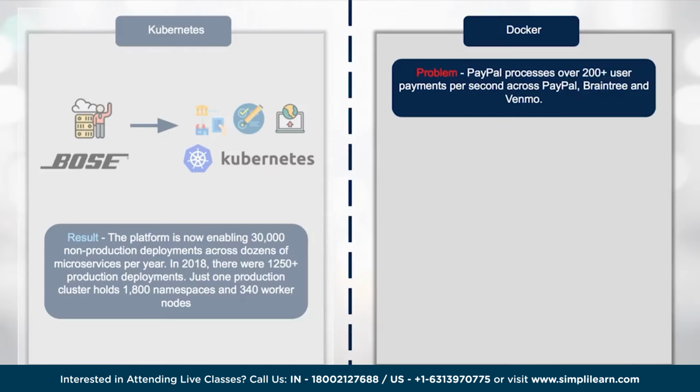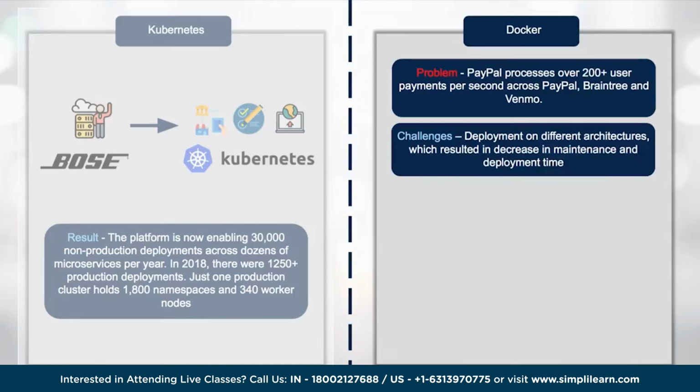Now let's have a look at Docker and see a similar problem that people would have. The problem is with PayPal, and PayPal processes something in the region of over 200 payments per second across all of their products. And PayPal doesn't just have PayPal, they have Braintree and Venmo.